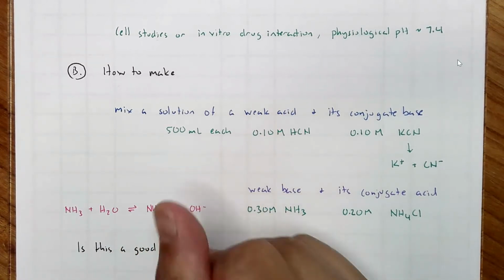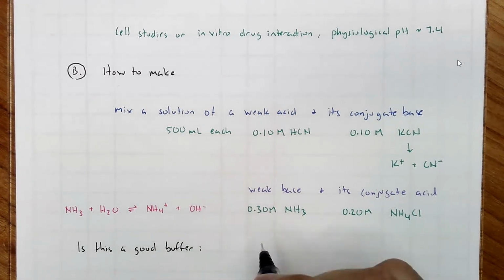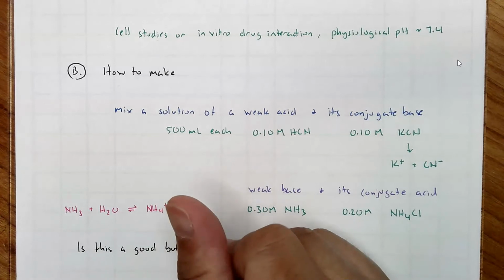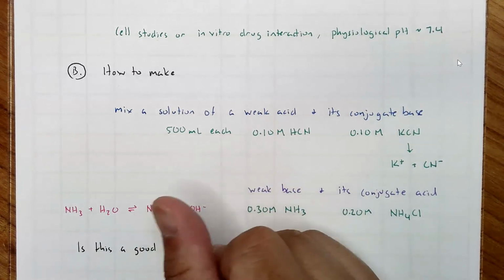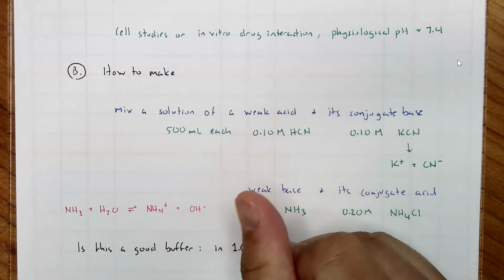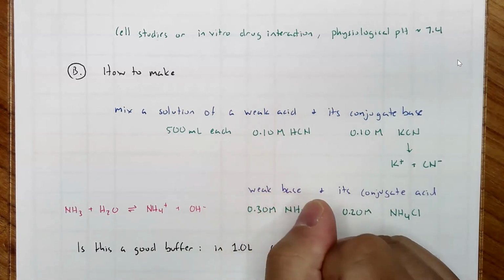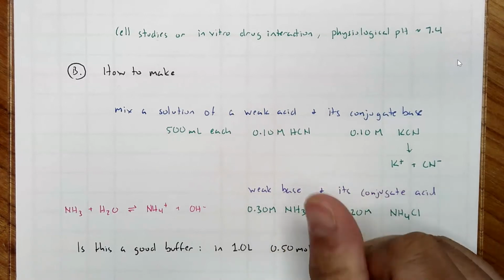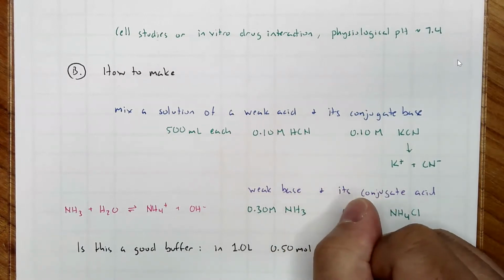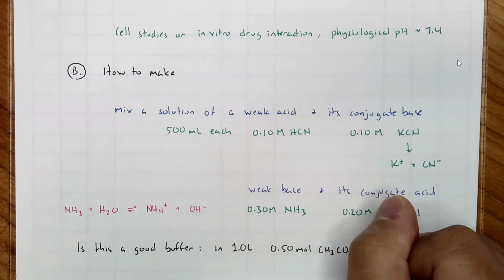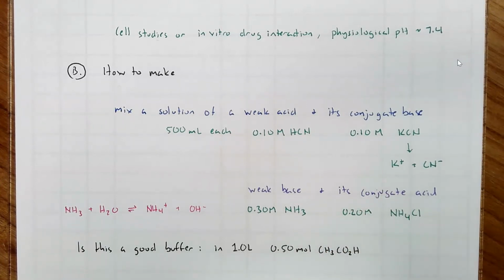If I use, or maybe I should say in 1 liter, I have 0.50 moles of acetic acid, CH3CO2H. All right, that's acetic acid.